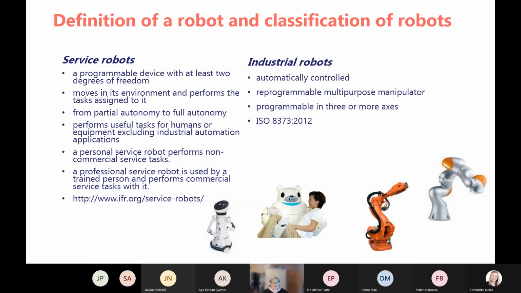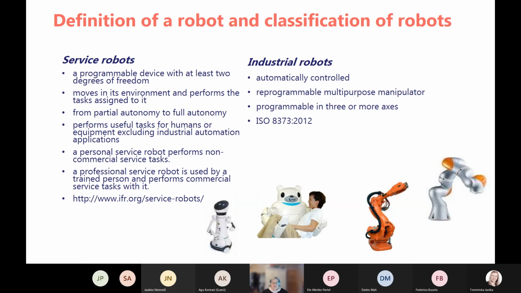For service robots, this means that a service robot is a programmable device with at least 2 degrees of freedom. It moves in its environment and performs the tasks assigned to it with either partial autonomy or full autonomy. A service robot performs tasks that benefit people and other devices in a non-industrial environment.